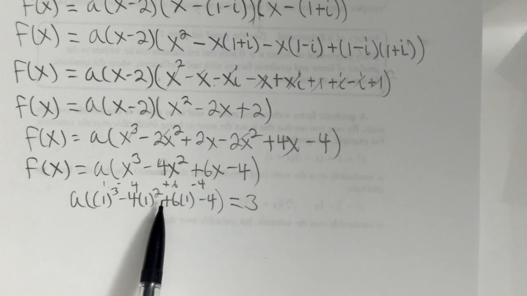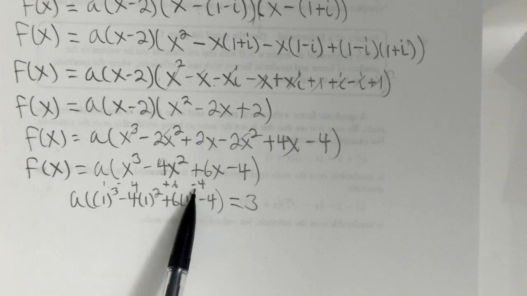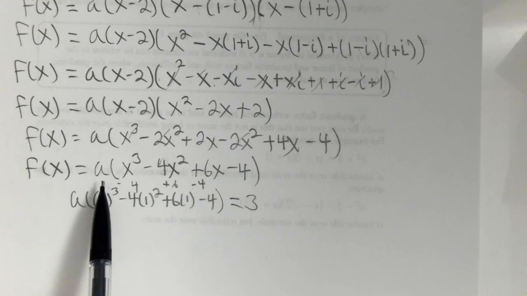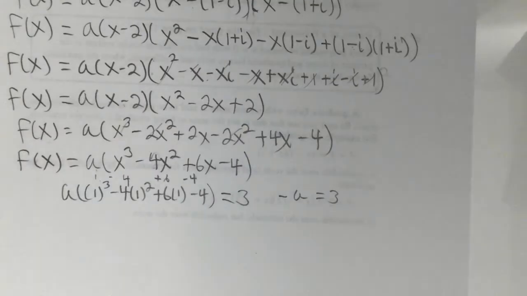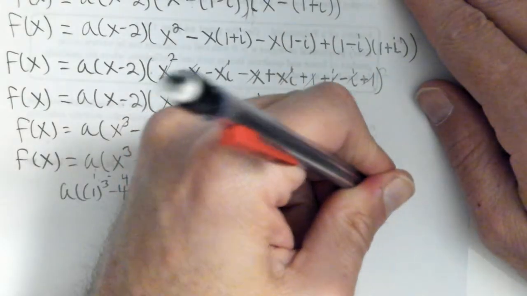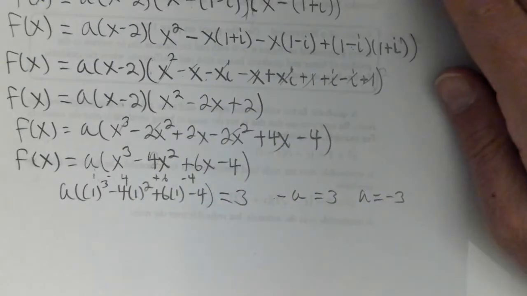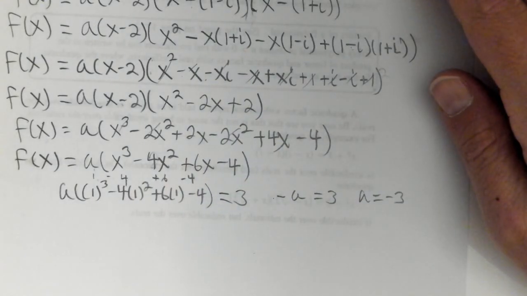So that's going to be negative 8. That's going to be 7. So that's really just going to be negative a equals 3. Well, if negative a equals 3, then a equals negative 3. And so now I've got the a that will make my function be what I want it to be.